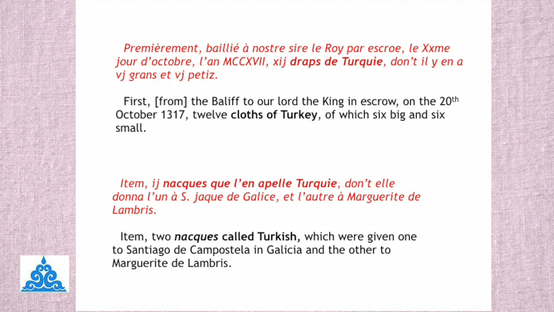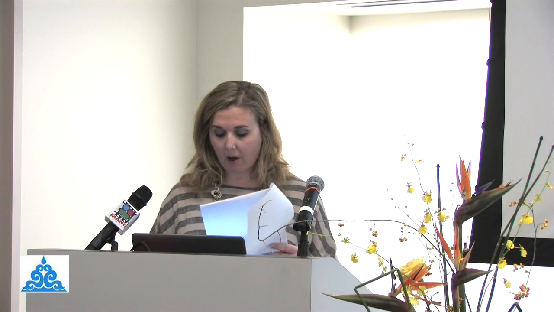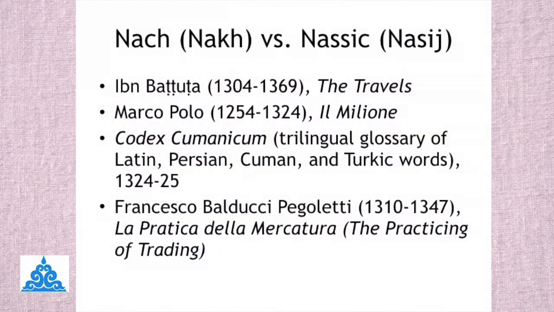And I quote, "First from the belief to our Lord the King in Escrio on the 20th October 1327, 12 clothes of Turkey, of which 6 big and 6 small. Item 2, Naks called Turkish, which she gave, one to Santiago de Compostela in Galicia and the other to Margaret of Lambres."